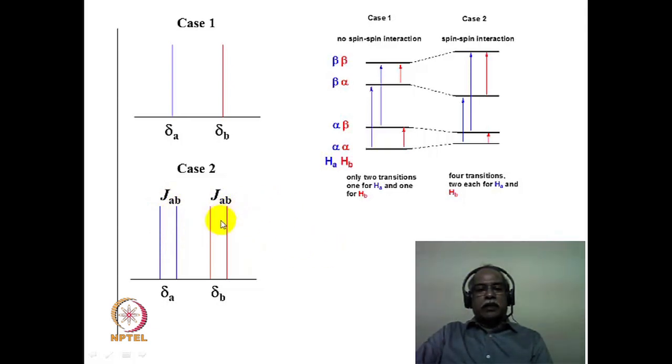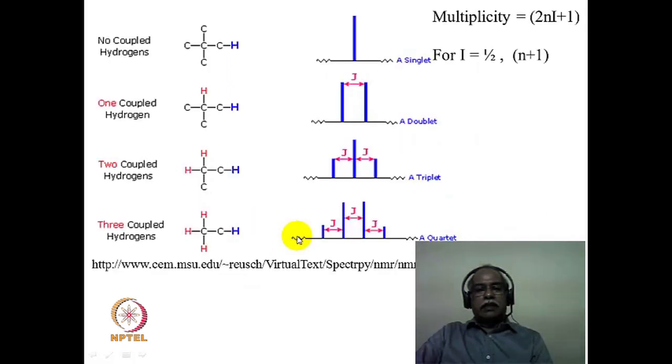It doesn't matter which you measure, because they are mutually coupled. This gap will be identical to this particular gap, and this is what is known as the J coupling constant.